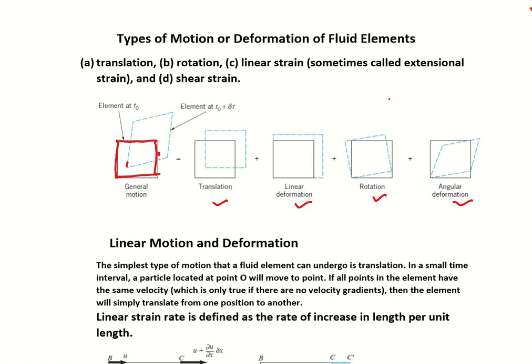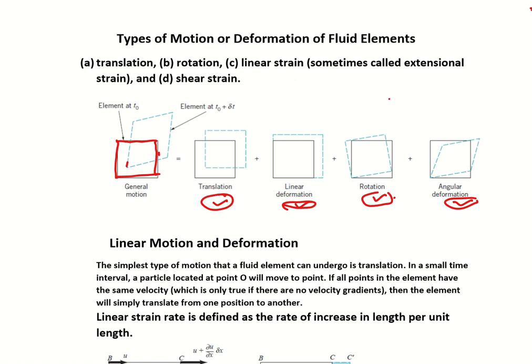It may have these types of motion. It may have translation, it may have linear deformation, it may have rotation, or it may have angular deformation. Generally it may have a combination of all these four.